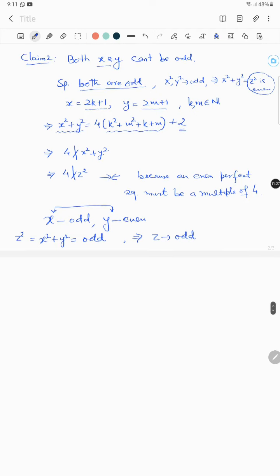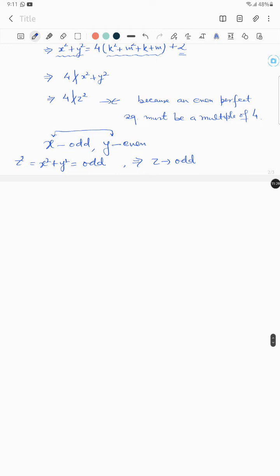Okay, now look at this y square. This is of course z square minus x square. This is z minus x times z plus x. Now both z and x are odd. So odd minus odd is even. So z minus x has to be even, and similarly z plus x has to be even.